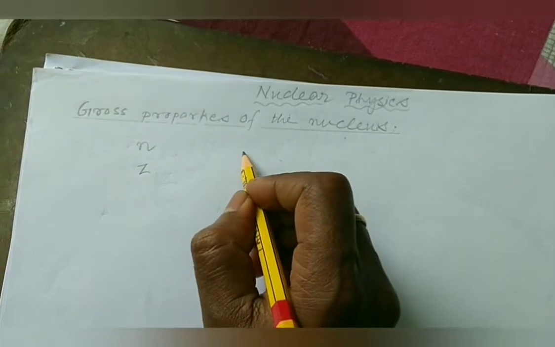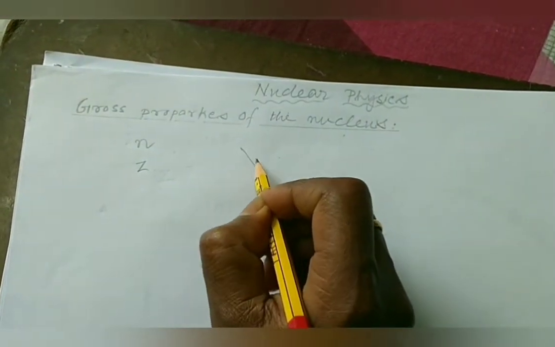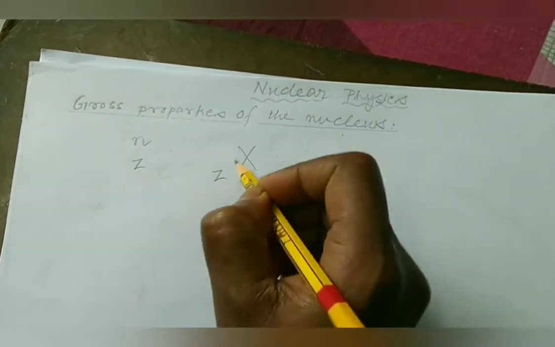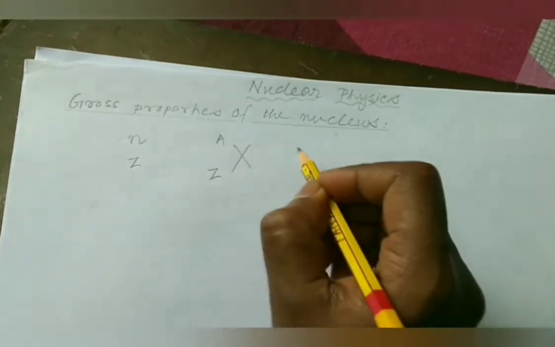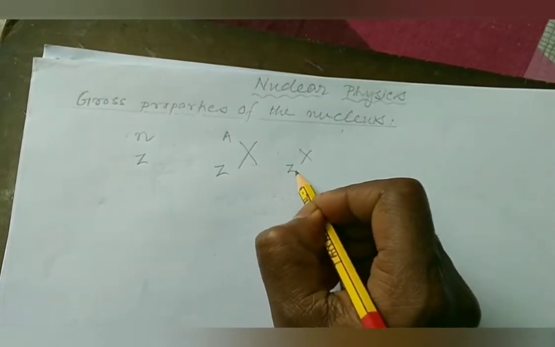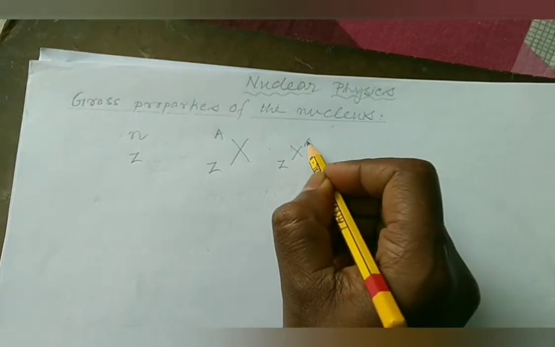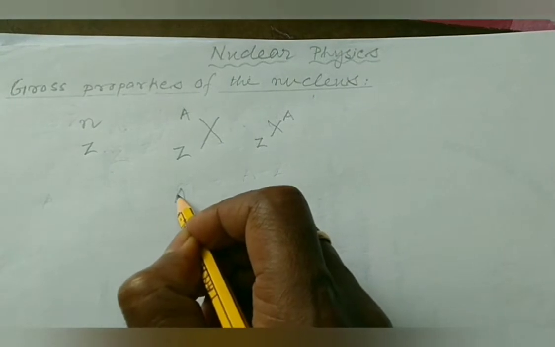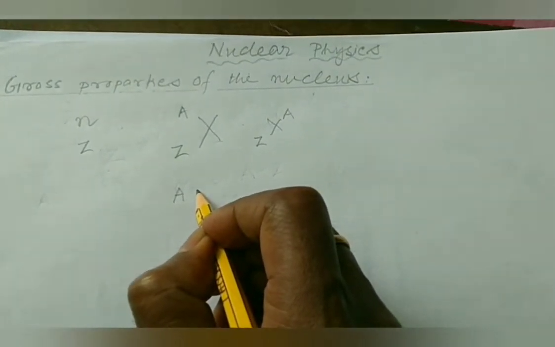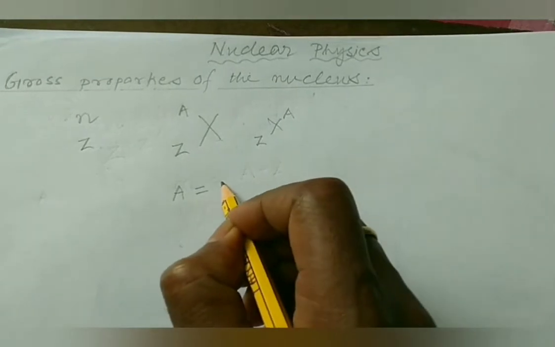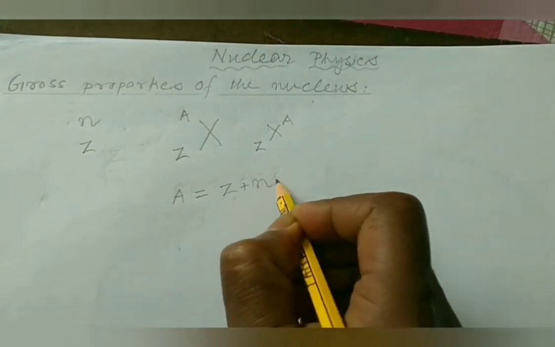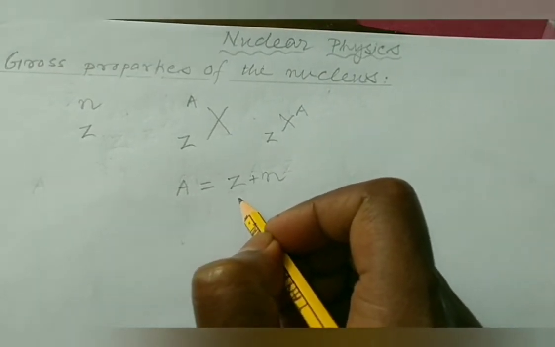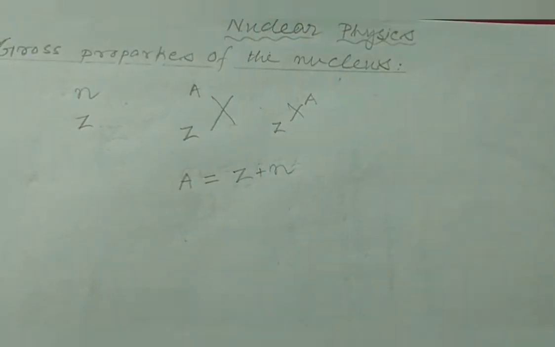Now we know that a nucleus is represented as X, Z, A. What is A? A is the mass number of the nucleus and equal to Z plus N, that is the total number of proton and neutron. Z is also called the atomic number of the nucleus.